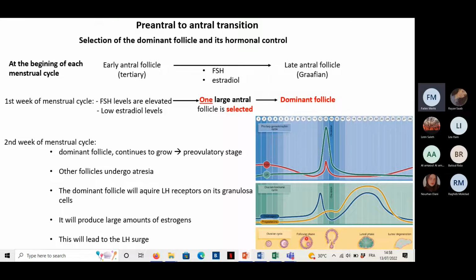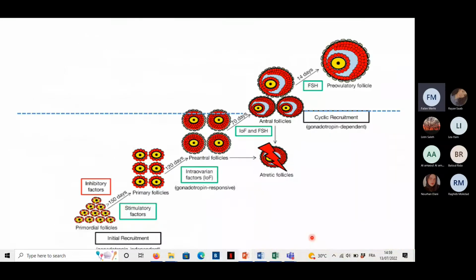The dominant follicle is increasing in size and producing more estrogen. We will arrive a little bit before the ovulation, and due to those levels of estrogen produced by the dominant follicle, we will have a peak of estrogen.